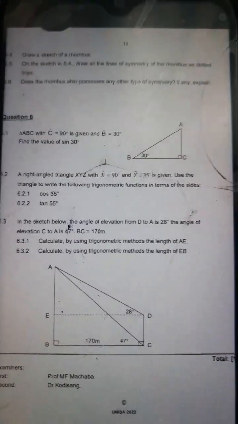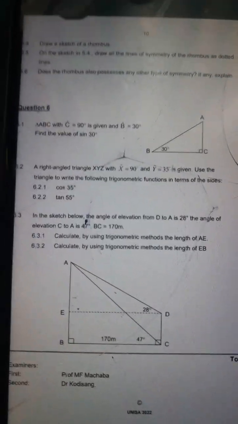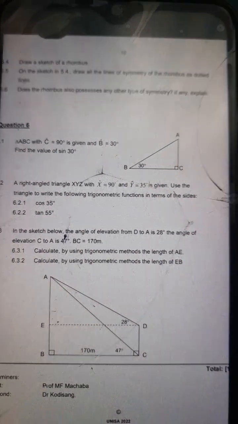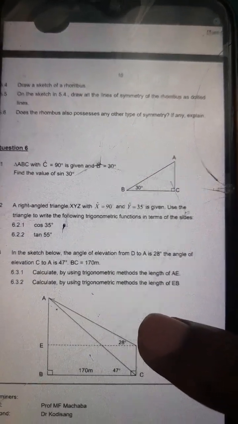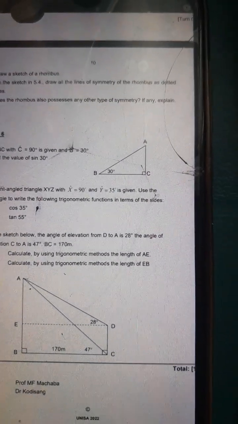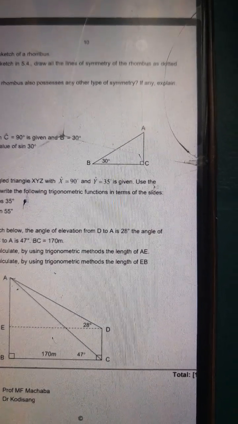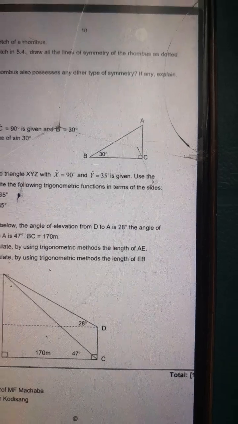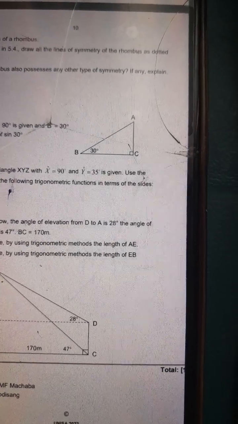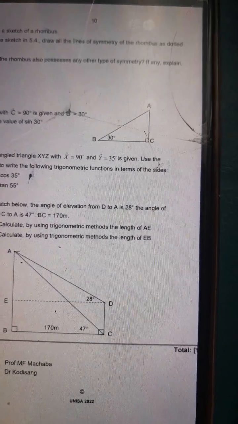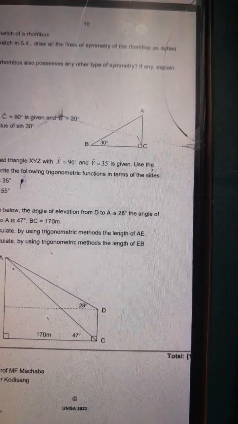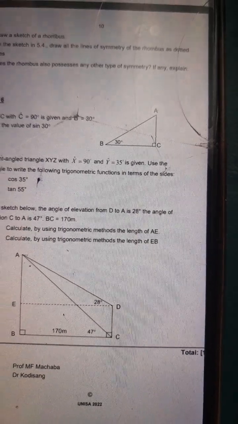Then let's go to 6.3, 6.3.1. Well, we are going to a tedious question now. In the sketch below, the angle of elevation happens when you're standing at a horizontal place and looking at the top. But the angle of depression forms when you are standing at the top of the building and looking downward.